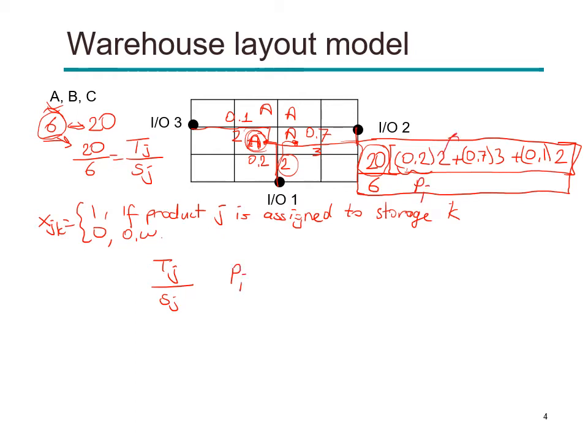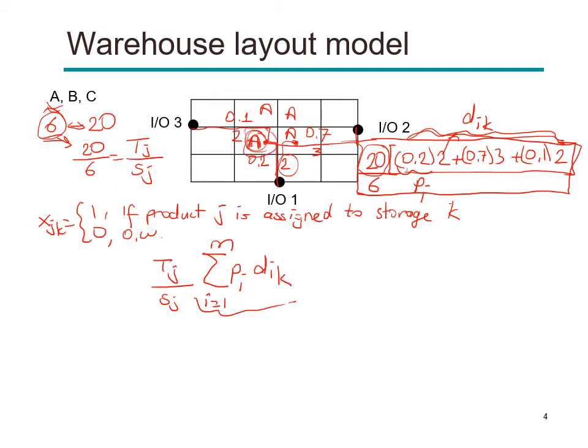And this 2 over here is the distance between i and k, input-output door and storage retrieval operation. But we are summing up this for all input-output doors. So basically that summation is for i from 1 to m. So this value over here corresponds to this summation over here. And we multiply that by T_j over S_j, and this is the distance for one location.